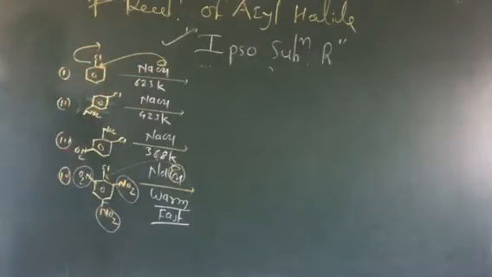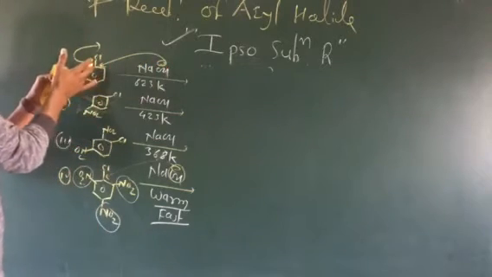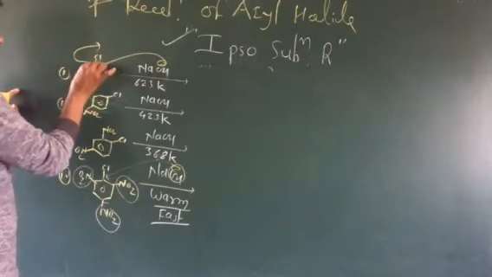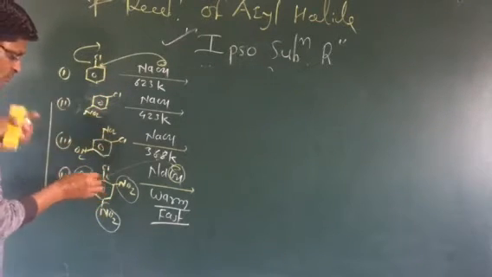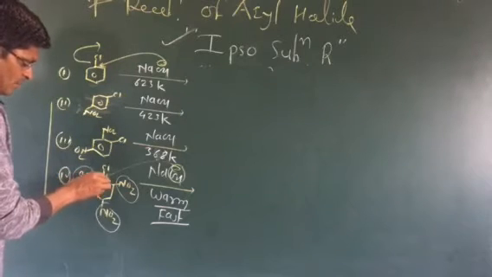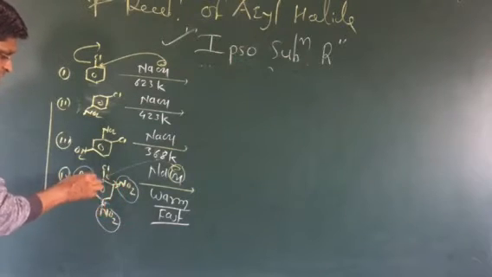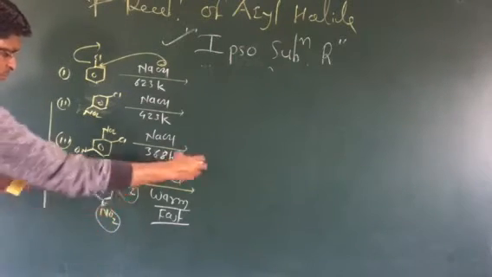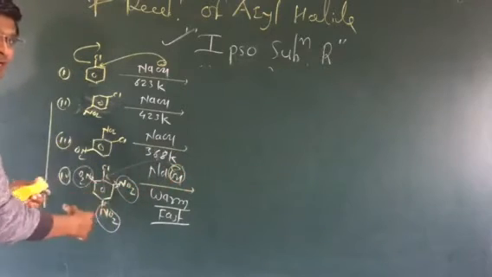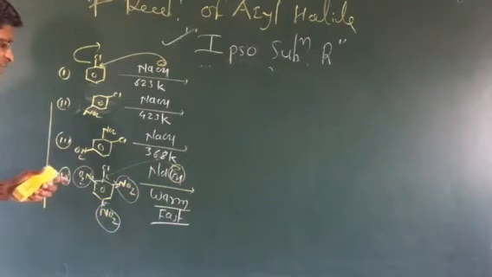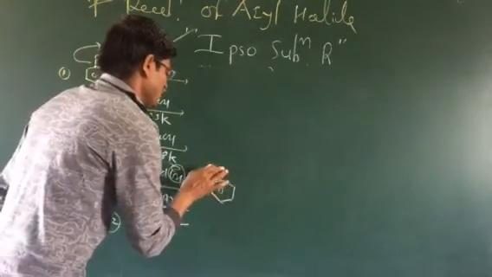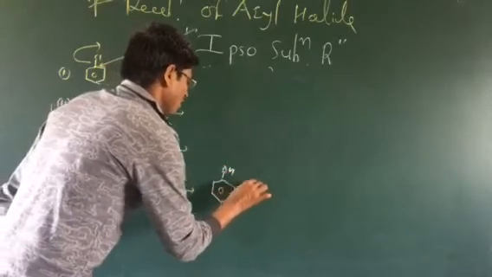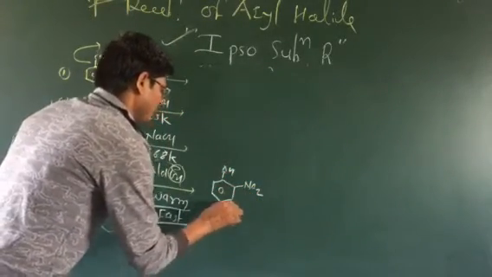This carbon is more acidic, because three electron withdrawing groups abstract electrons and make it more acidic. That's why this reaction undergoes fast.